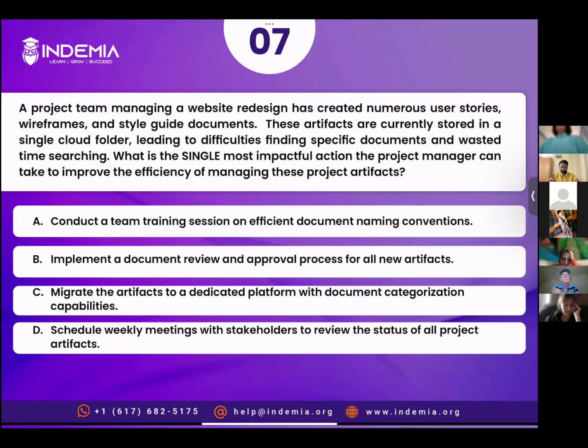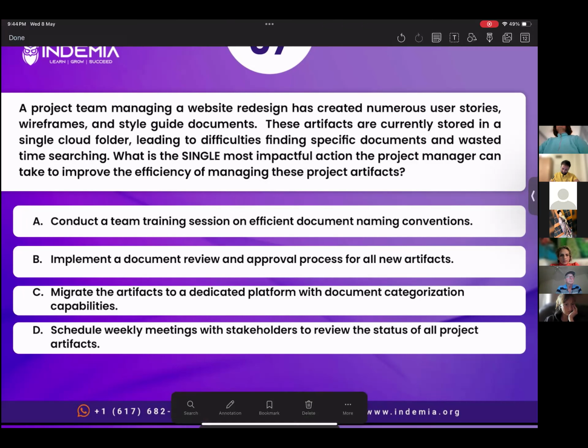I have chosen option C because that is the option which allows document categorization. The issue here is everything is dumped in one place and it's difficult to find documents because you can't easily differentiate the type of documents. Option C was the only one allowing you to categorize the documents, which I believe is the problem here.